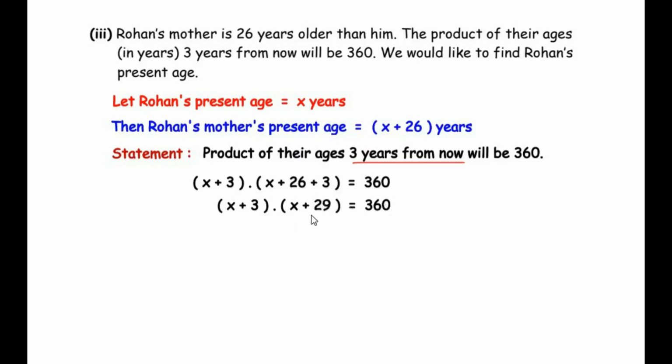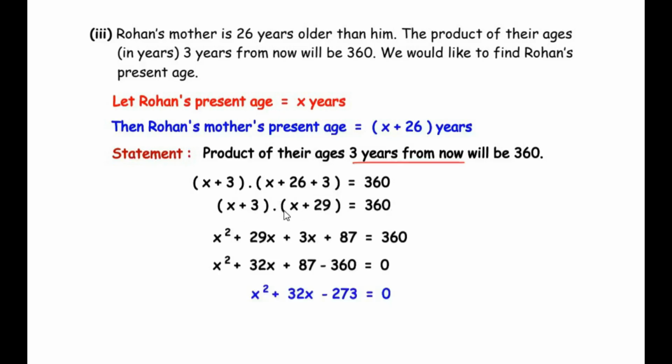Now in the next step we are going to expand these brackets, giving us x times x is x square, x times plus 29 is plus 29x, plus 3 times x is plus 3x, and plus 3 times plus 29 gives us plus 87, is equal to 360.